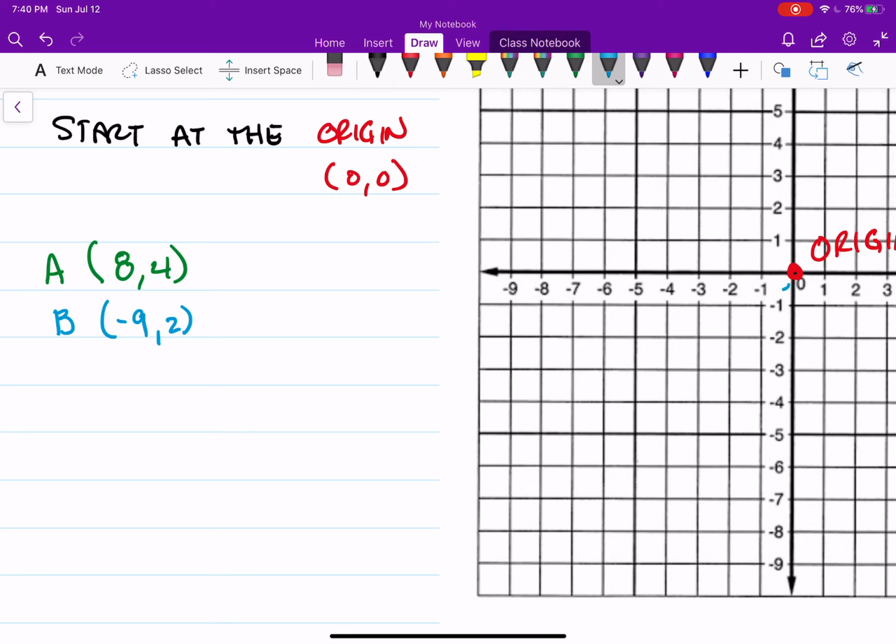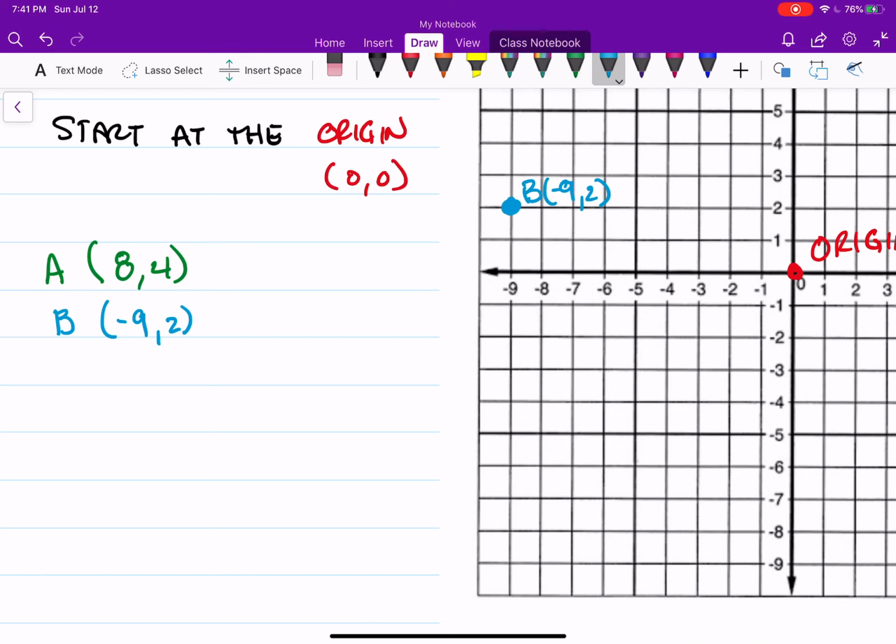I go left, 1, 2, 3, 4, 5, 6, 7, 8, 9, and I go up 1, 2. There's that point, and this point here is my B, and it has a point (-9, 2).